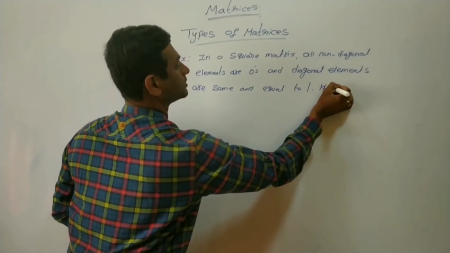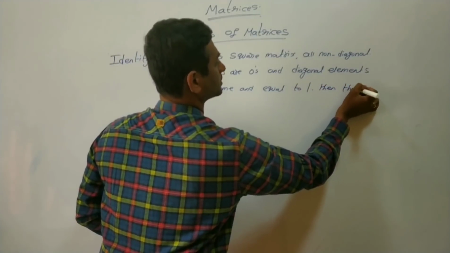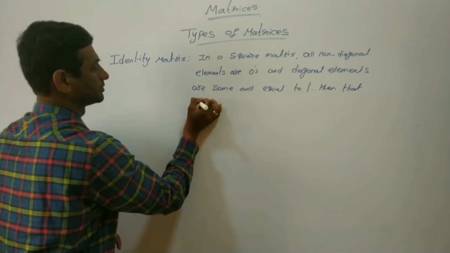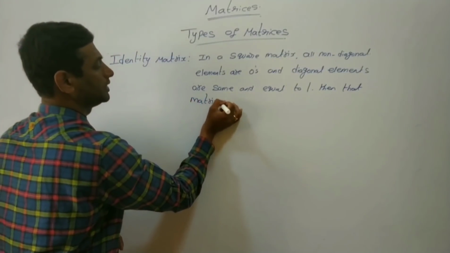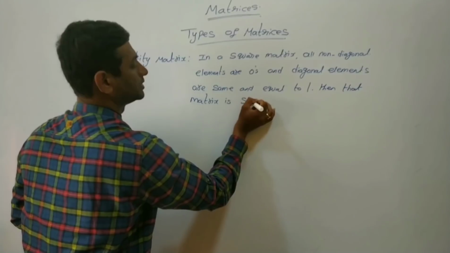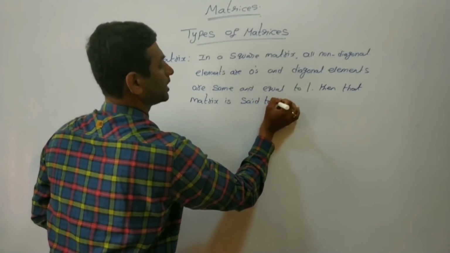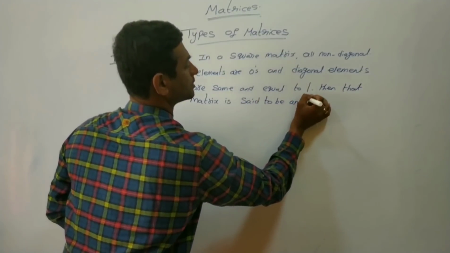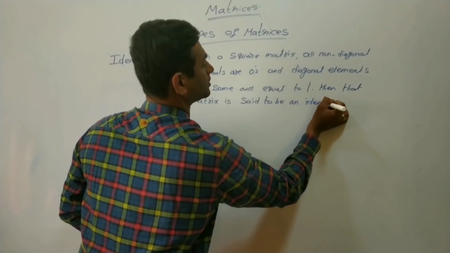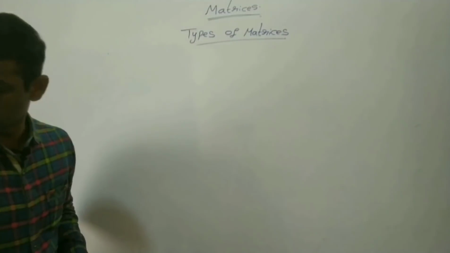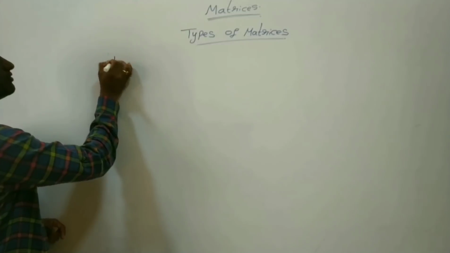Then that matrix is said to be an identity matrix.